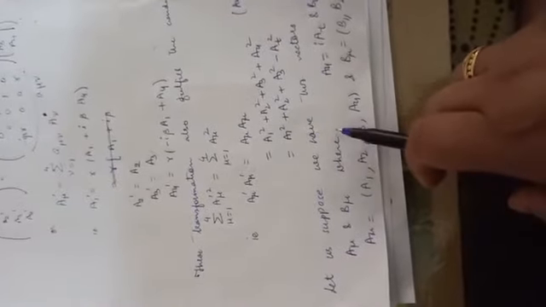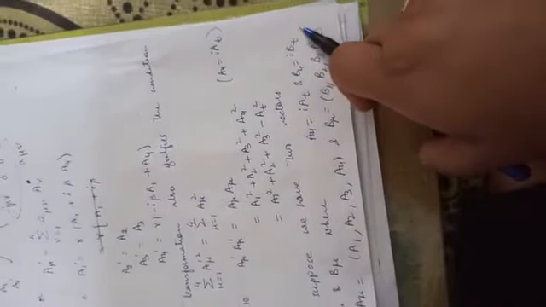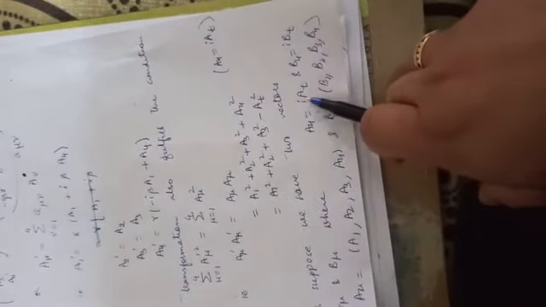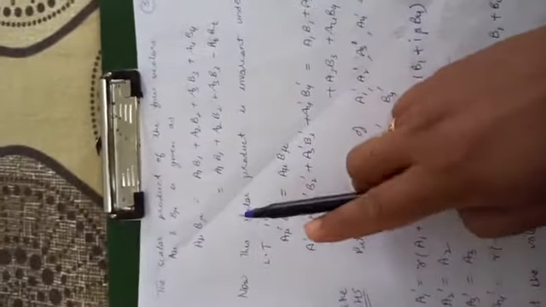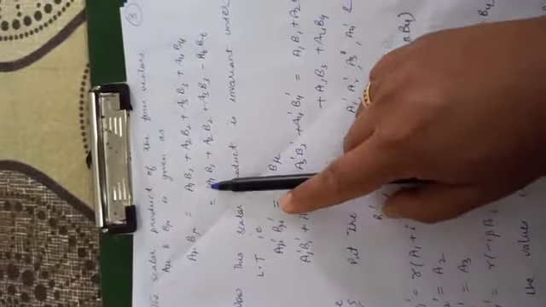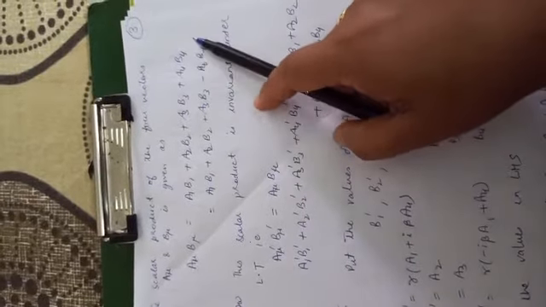Now let us suppose we have two vectors a mu and b mu, where a mu is a1, a2, a3 and a4, and b mu is b1, b2, b3 and b4. The a4 component is iota at, and the b4 component is iota bt. Then the scalar product of these two vectors, a mu b mu, will be a1 b1 plus a2 b2 plus a3 b3 plus a4 b4.